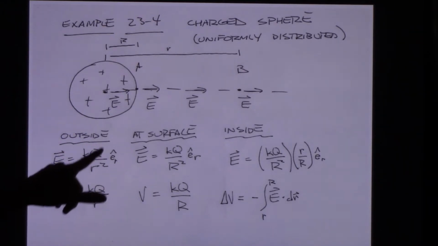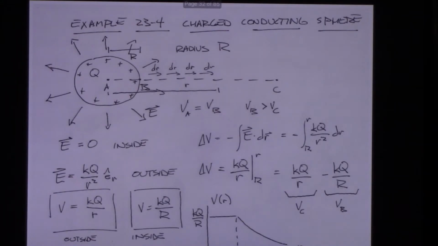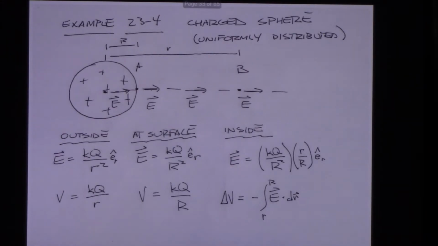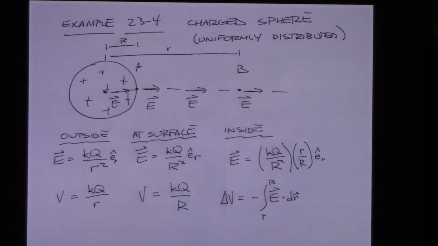Now, since the outside formula has not changed, right? If we go back and ask what happened when we had a conducting sphere, the formula outside here matches the formula here. If we're outside the charge distribution, it doesn't matter how the charges are distributed as long as they're spherically symmetric.